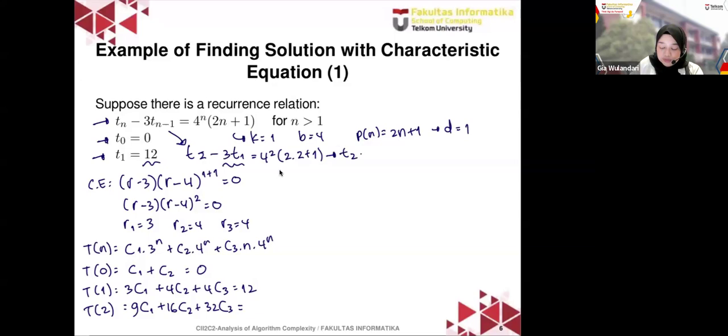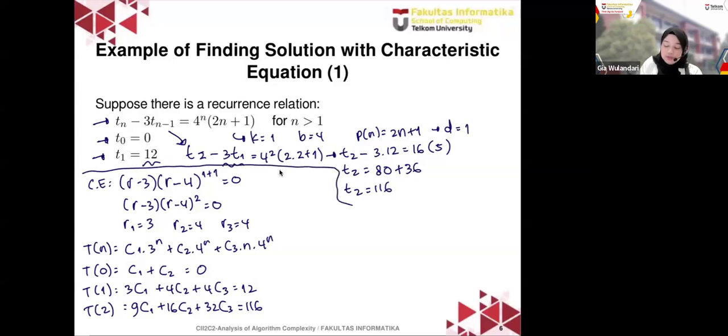So T2 minus 3 times 12 equals 16 times 5. So T2 is 16 times 5, which is 80, and then we add this with 36. So T2 is 116. So that's why we have 116 here.